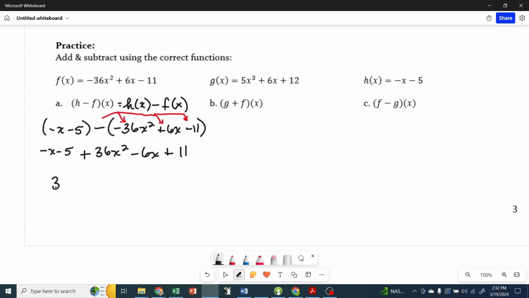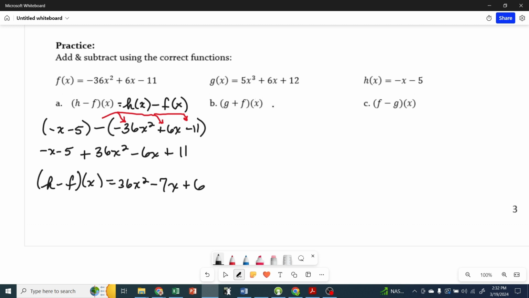So let's keep our notation clean and go back to h minus f of x is equal to 36x squared, minus x minus 6x is minus 7x, negative 5 plus 11 is plus 6.